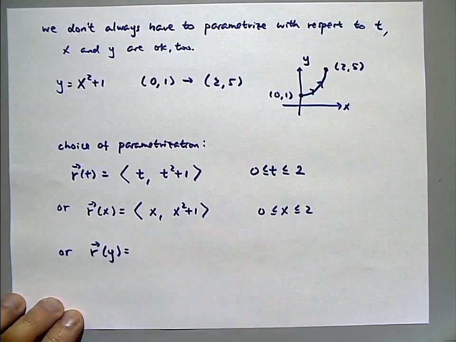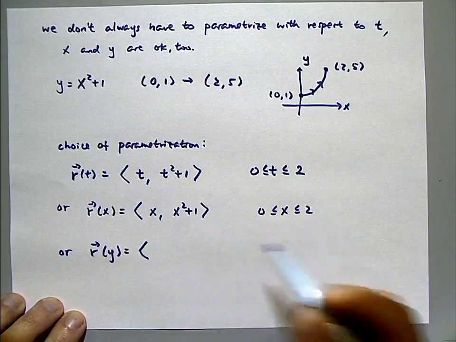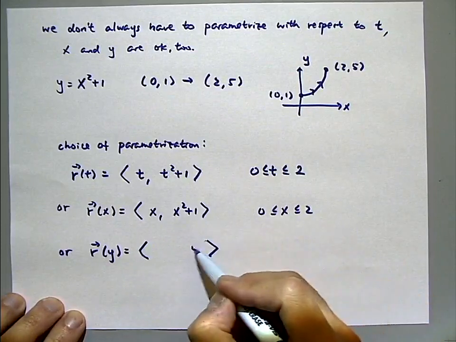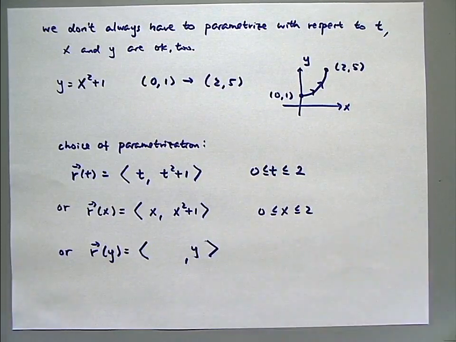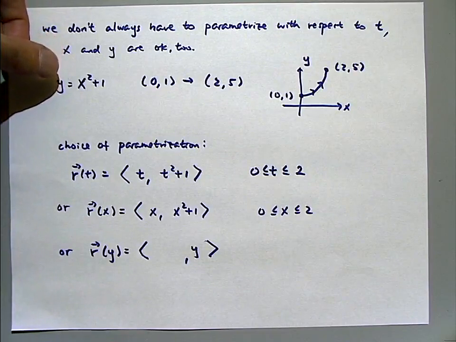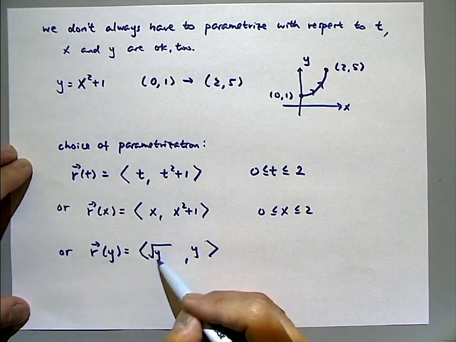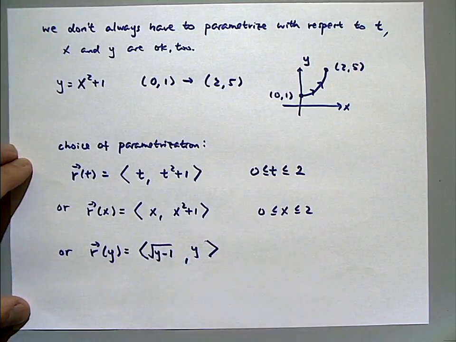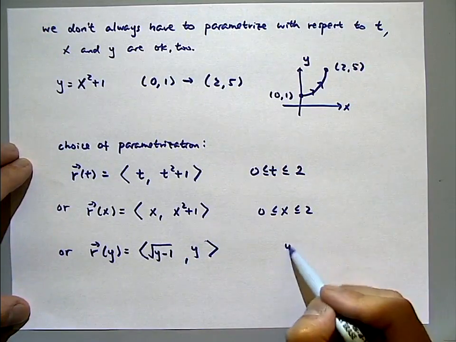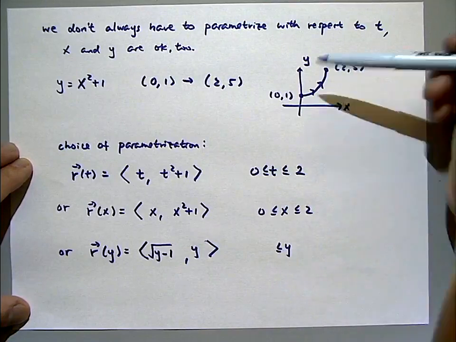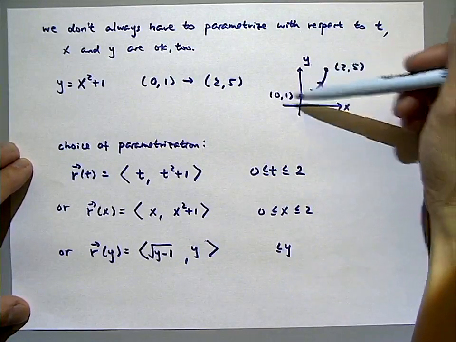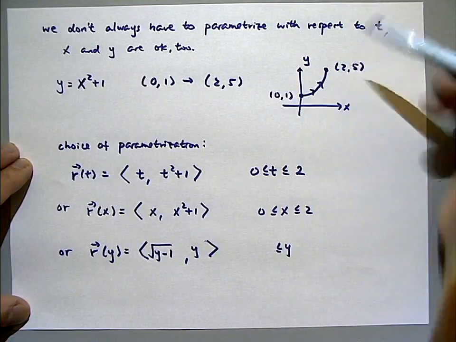We could also use y to parameterize this. Then y is y, of course. X is the square root of y minus 1. And now we let y go from 1 to 5, right?